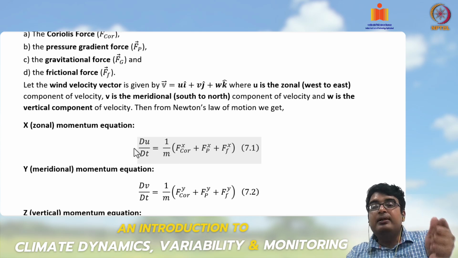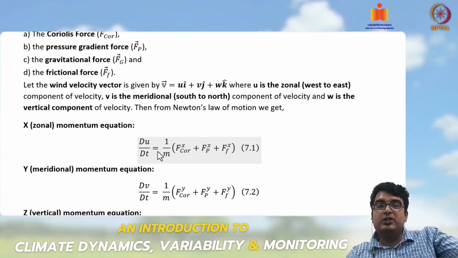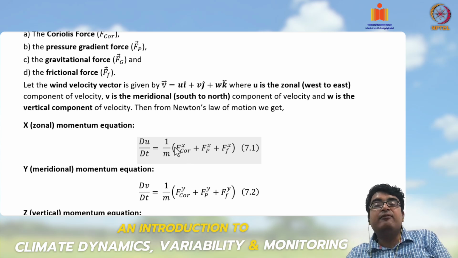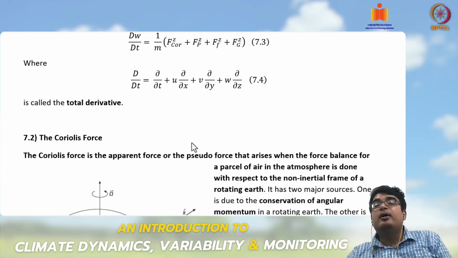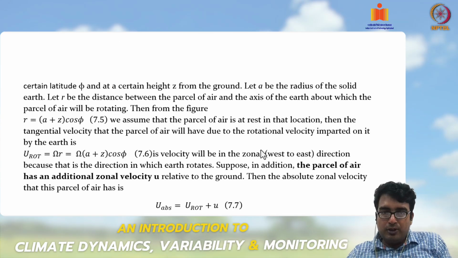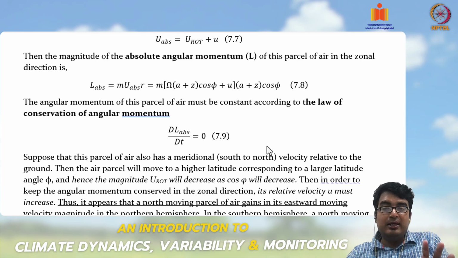So the m du dt term, because of this northward moving parcel, is given by the value of this Coriolis force. That is why it is called a pseudo force, because actually there isn't a force. It is just a concept coming from the conservation of angular momentum.